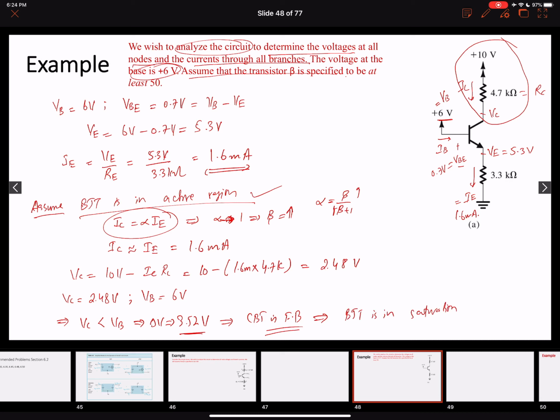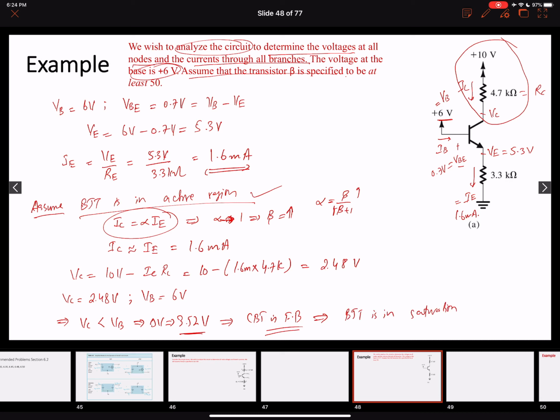Okay, great. So once we find out that our BJT is in the saturation region, we can start with the next thing. We know that the value of the VCE in the saturation region equals 0.2 volts, right? So I can assume that VCE equals VC minus VE. Now I know the value of VE, which is 5.3 volts.